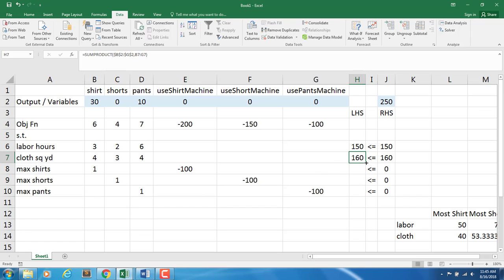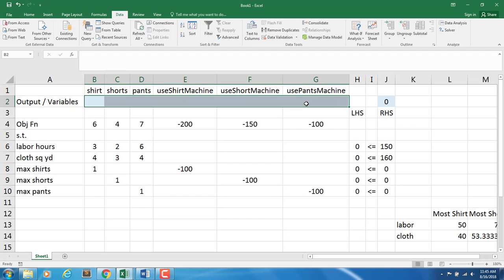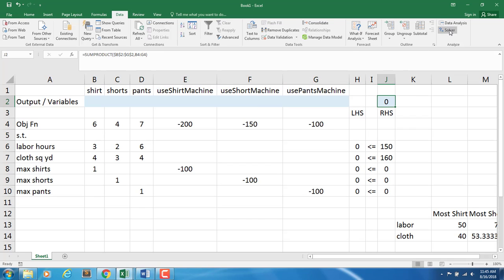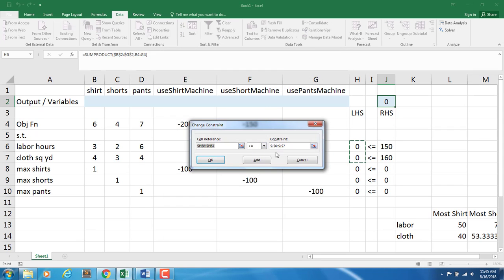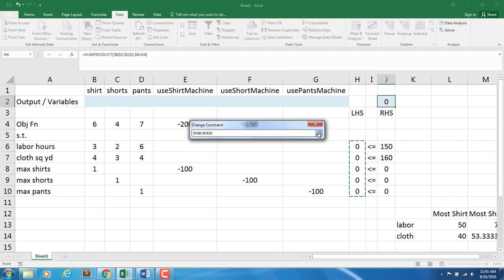And then these guys can scroll down. So notice that these are violating constraints now. So I'm going to go in and just zero this out. Go back into my solver, and I can change this one. You could delete it and start over if you wanted. This should work though.